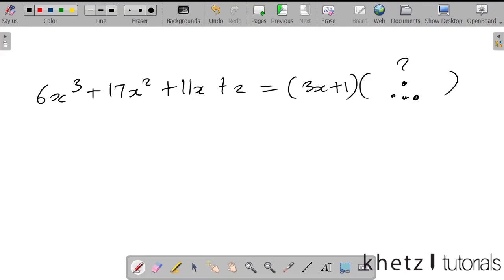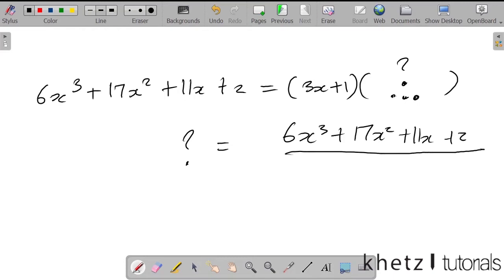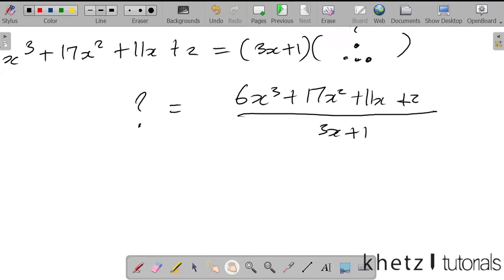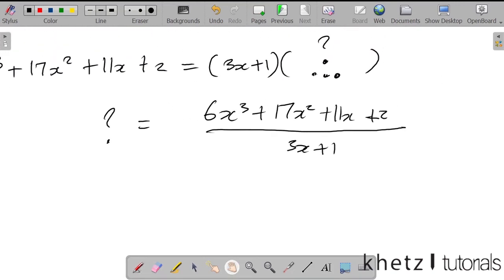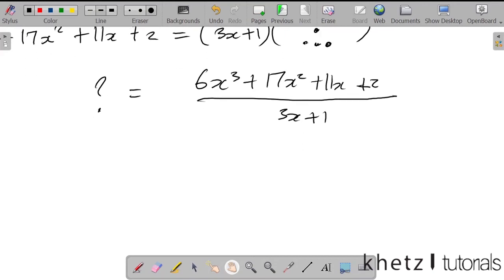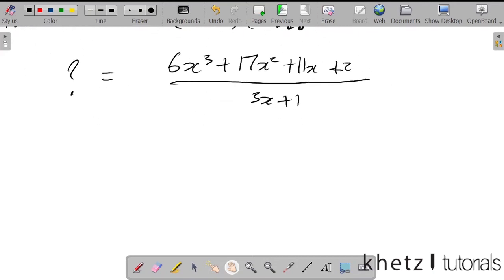So we're looking for this question mark over here. This question mark is equal to 6x cubed plus 17x squared plus 11x plus 2 divided by your 3x plus 1. And we can use long division to find the answer to the bracket, or this question mark which you're looking for.